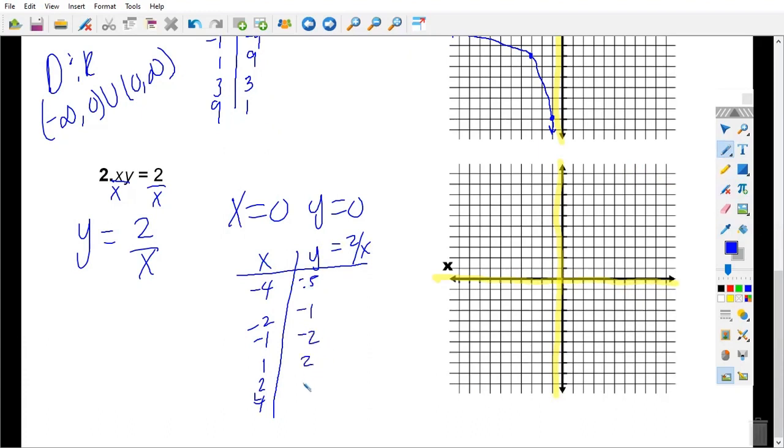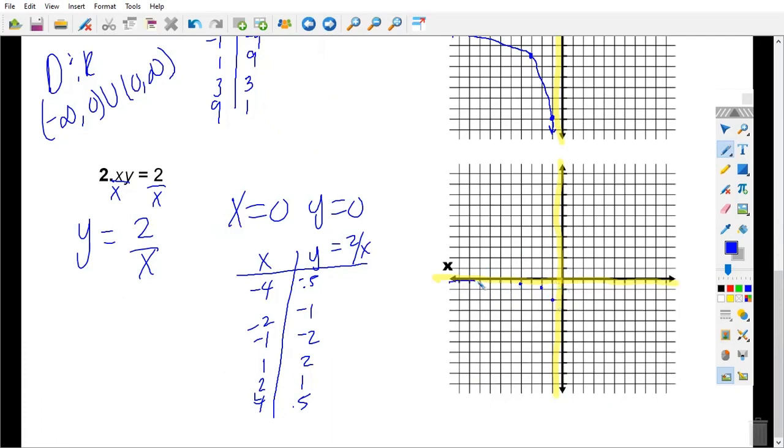And then I got +2, +1, and +0.5. 2 divided by 4 is a half, right? Okay, 1, 2, 3, 4. And then at -2, I'm at -1, and at 1, I'm at -2.